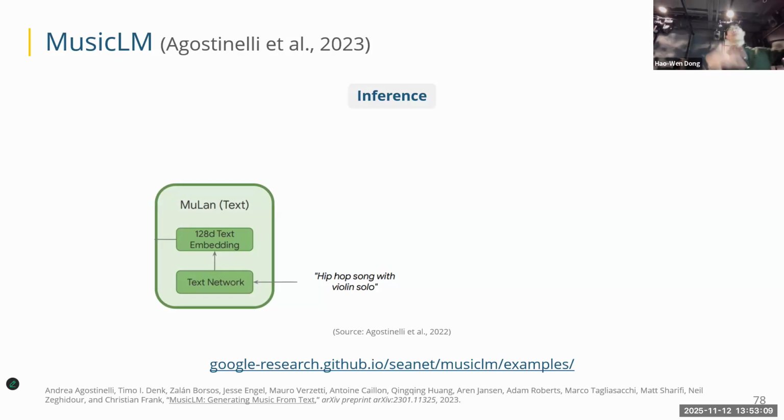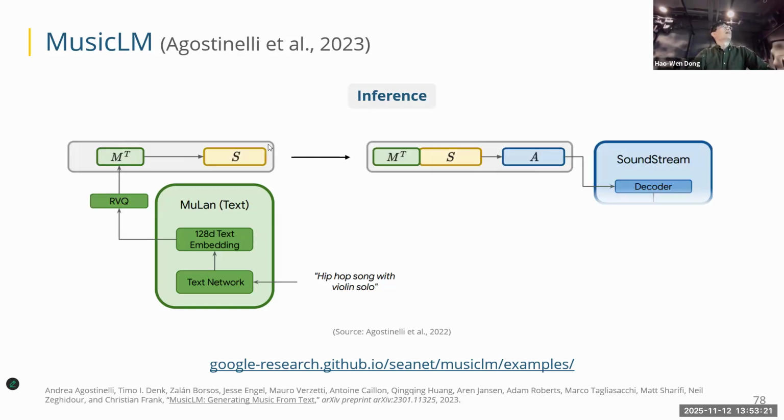But given that MuLan understands text and audio and throws them into the same shared embedding space, now you can actually just throw that text into that space. Now you can do the same thing as when you train it. You know how to go from MuLan to the semantic thing. This is the model you train. And here, given these two, you know how to do this because this is the model you train. And in the end, you will get your audio.